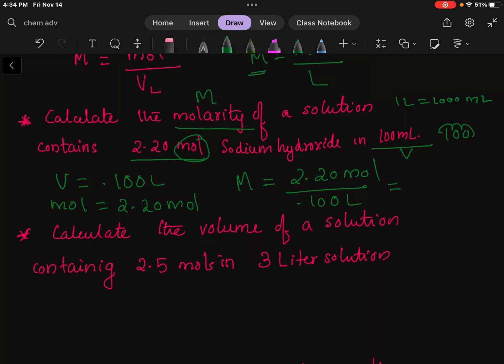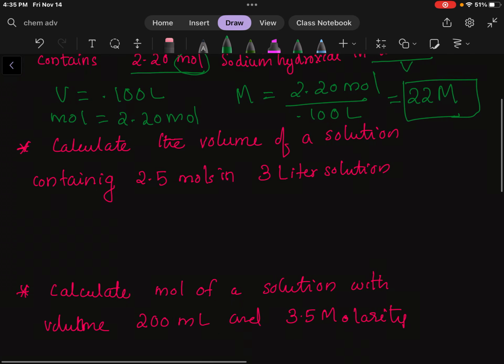So you divide 2.20 by 0.1. That will be 22 molar, and this is the answer for that.